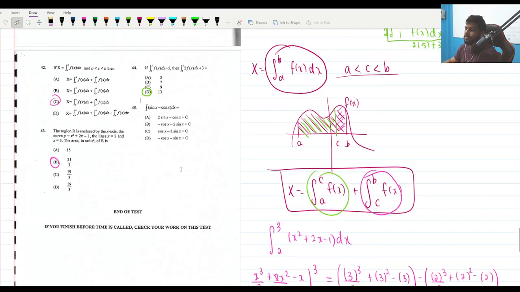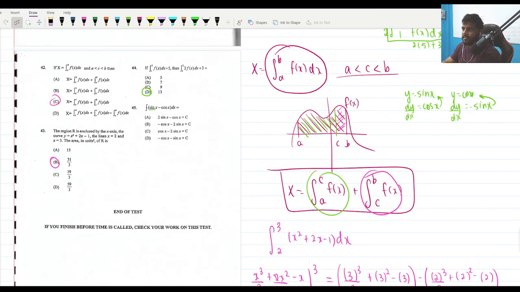And the last one, for this, I just always write it down. If y is sine x, dy dx is cosine x. And if y is cosine x, dy dx is minus sine of x. So the integral of cos is sine, and the integral of sine is negative cos.